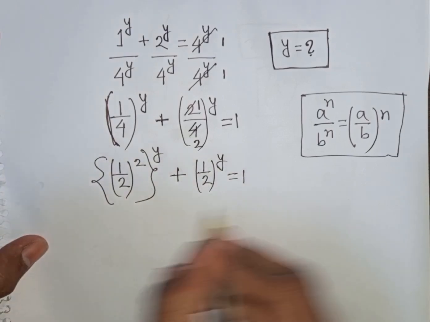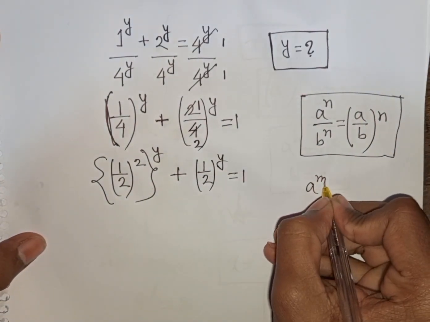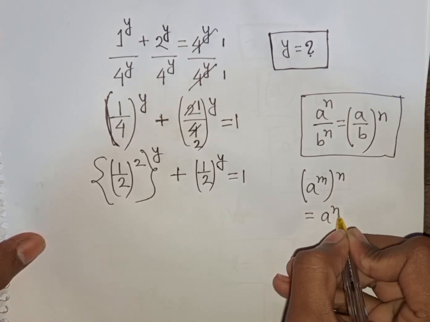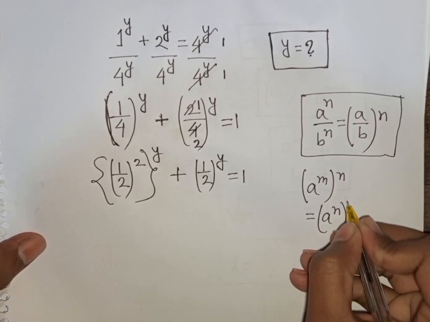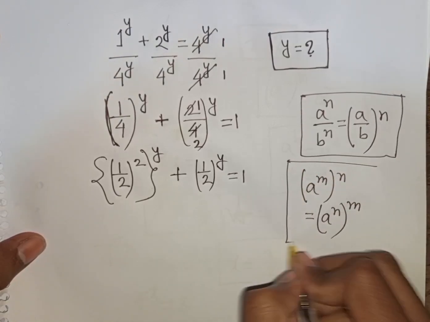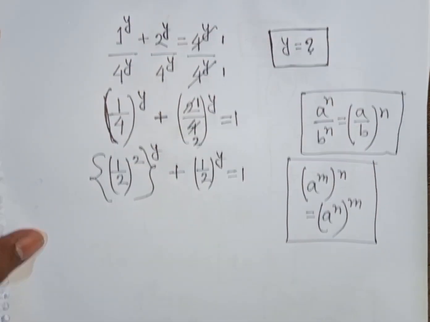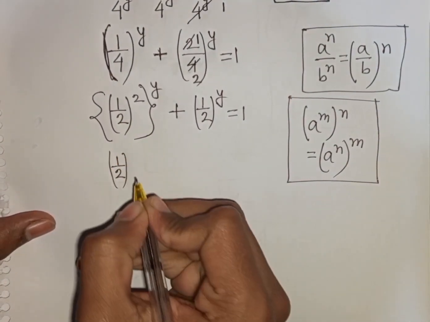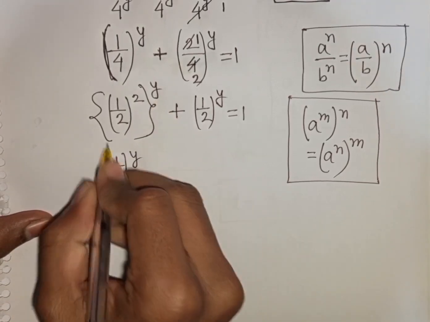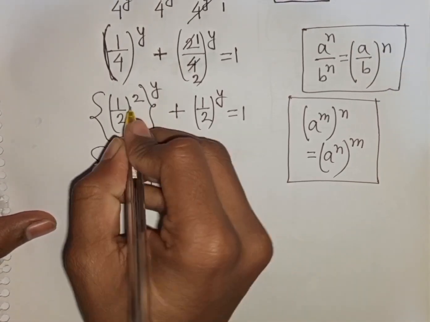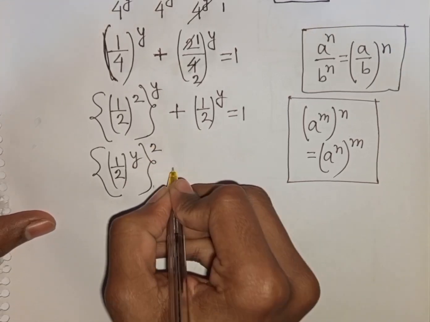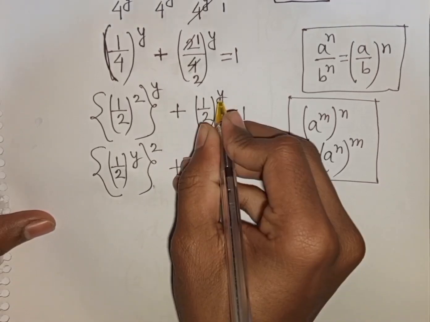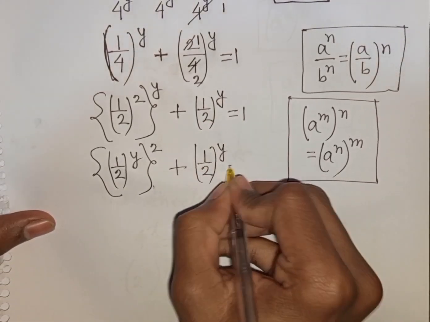Now here you can apply this exponential rule that (a^m)^n is equal to (a^n)^m. So according to this rule we can write ((1/2)^y)^2 + (1/2)^y = 1.